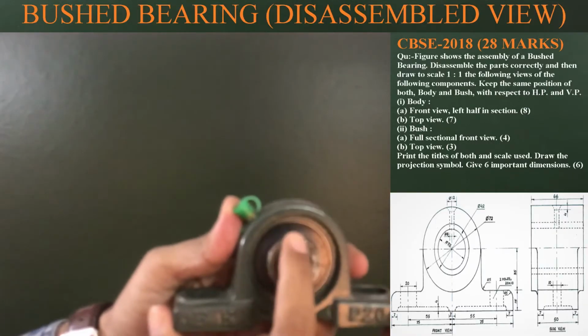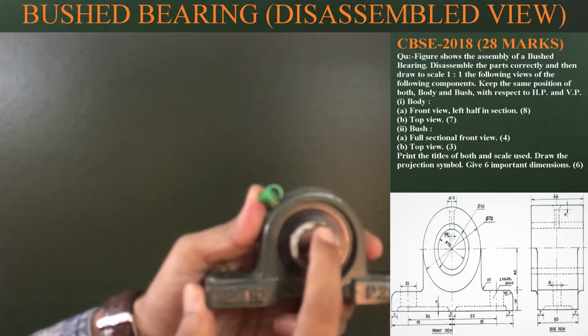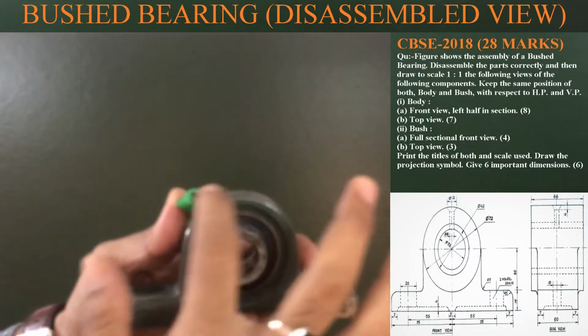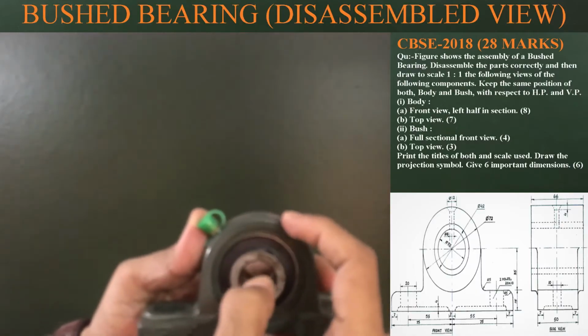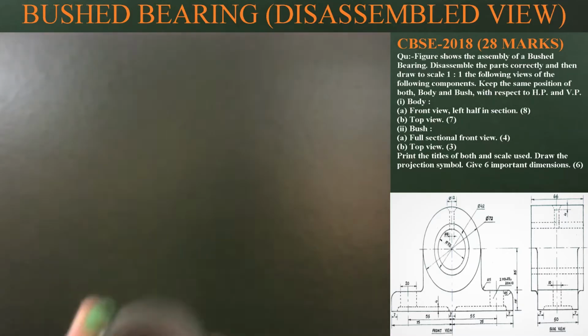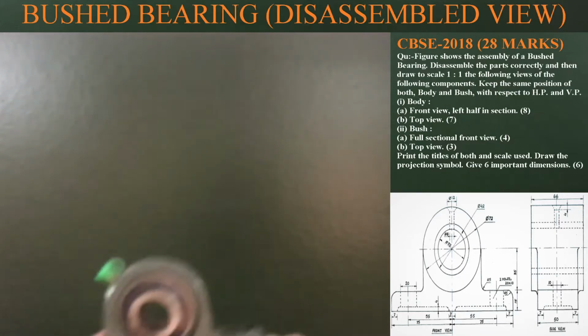Then the diameter of the bush is 32, the outer diameter of the bush is 42, and for this cylindrical part the diameter is 72. And for the oil hole we have diameter 12, diameter 6, and the distance from the upper end is 4.